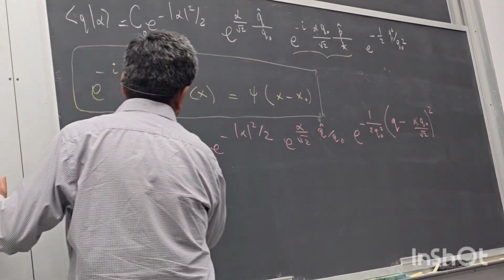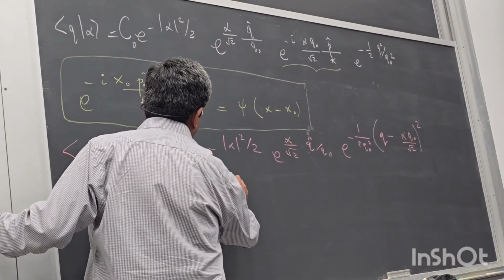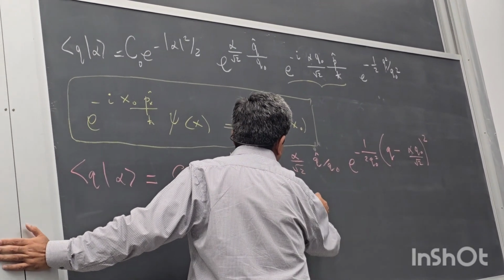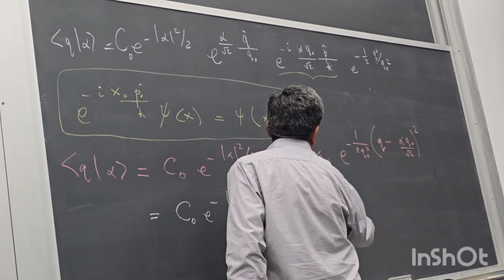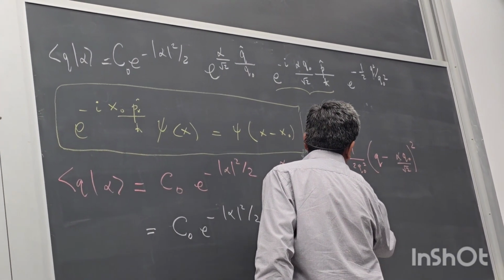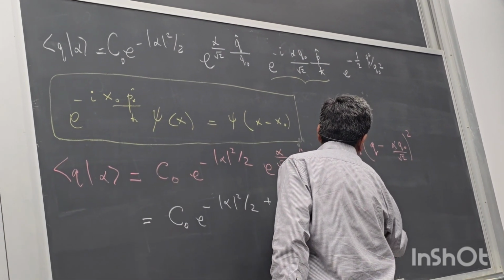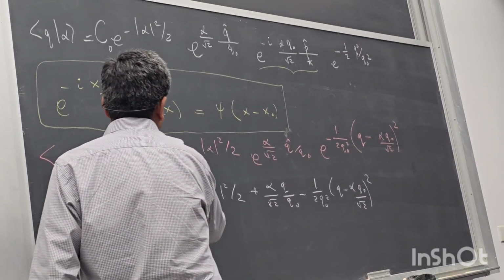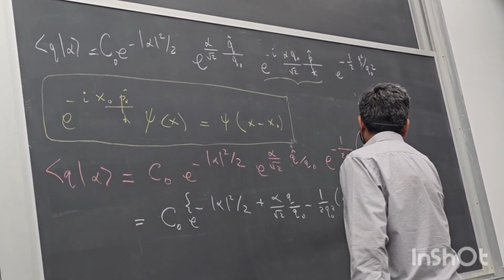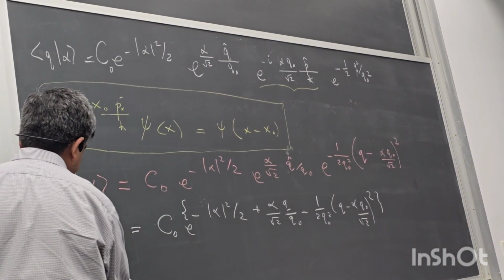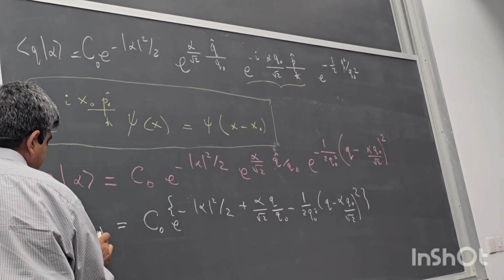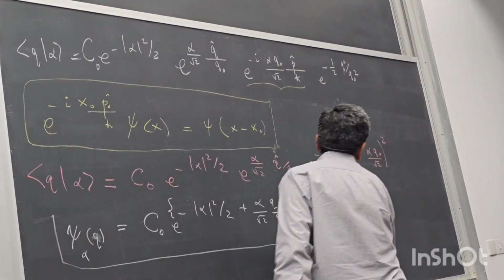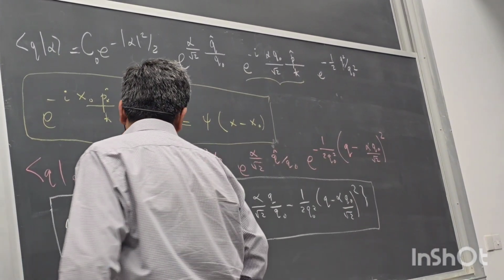So this becomes C naught e to the minus alpha squared over 2 plus alpha over under root 2 q over q naught, minus 1 over 2 q naught squared times q minus alpha q naught over under root 2, whole squared. All of this is the power of the exponent. This is my wave function for the coherent state in the position representation. Now I can improve this further by completing the squares, etc.